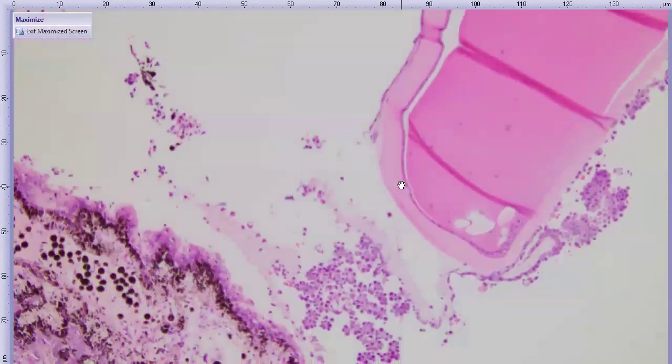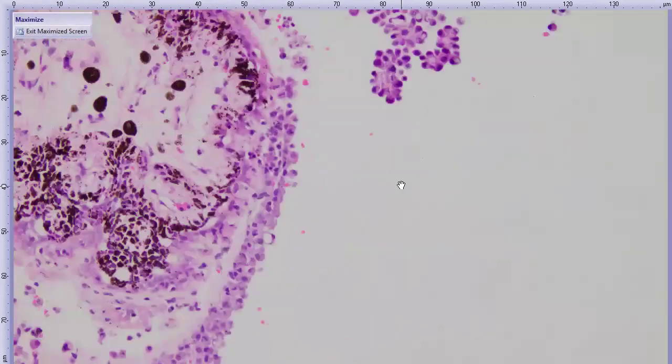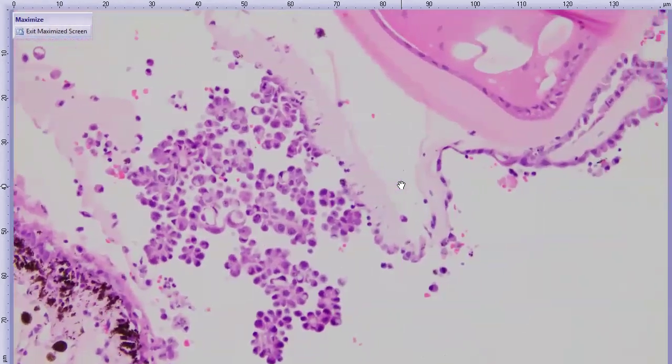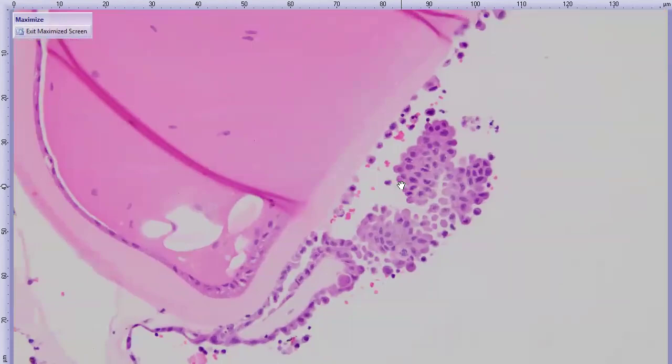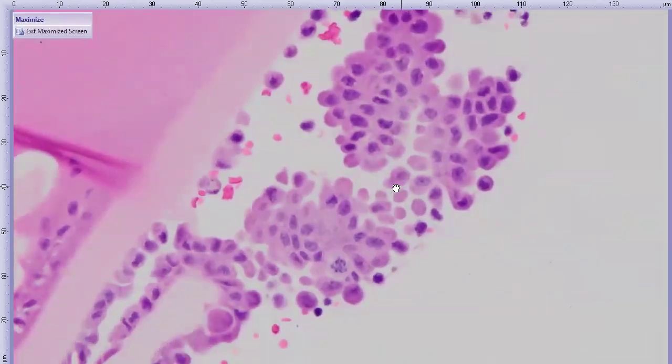But then as we look at what is lining our surfaces here, we've got them lining our iris. They look like they're tracking up the zonules here, and they're lining the back of the lens. These are monomorphic cells that have some pleomorphism to them.